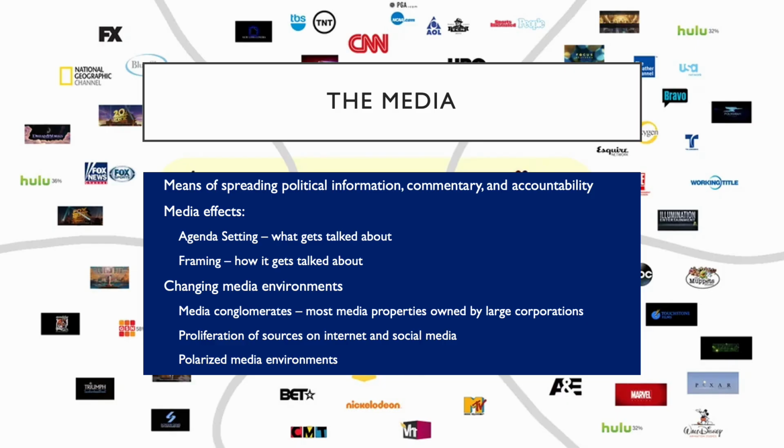But at the same time that you have conglomeration of these traditional media properties into large corporations, you also have a proliferation of sources on the internet and social media, in which basically anyone can create a website, anyone can disseminate news media, which raises all sorts of credibility concerns, bias concerns, misinformation and disinformation. The other thing is that we inhabit really polarized media environments, and I'm going to show you that in a little bit.